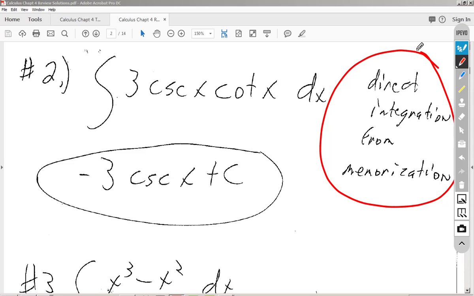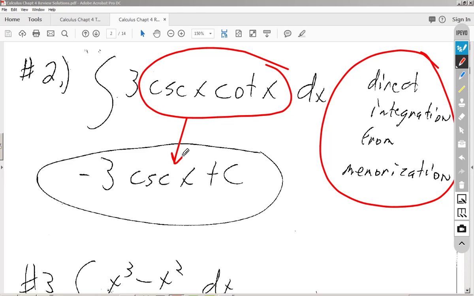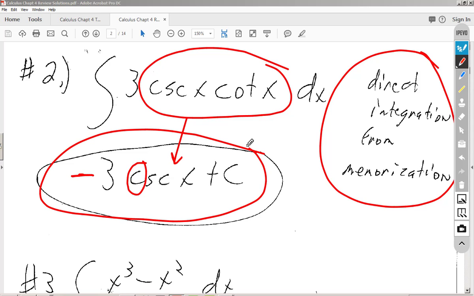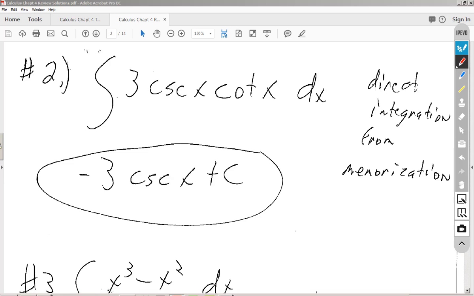So you're just going to replace this cosecant of x, cotangent of x with the cosecant of x. And remember the rule is that when you're done integrating, if it starts with a c and it's trig, that's going to make it a negative. So your answer, just direct integration from your memorization, would be -3 cosecant of x plus c.